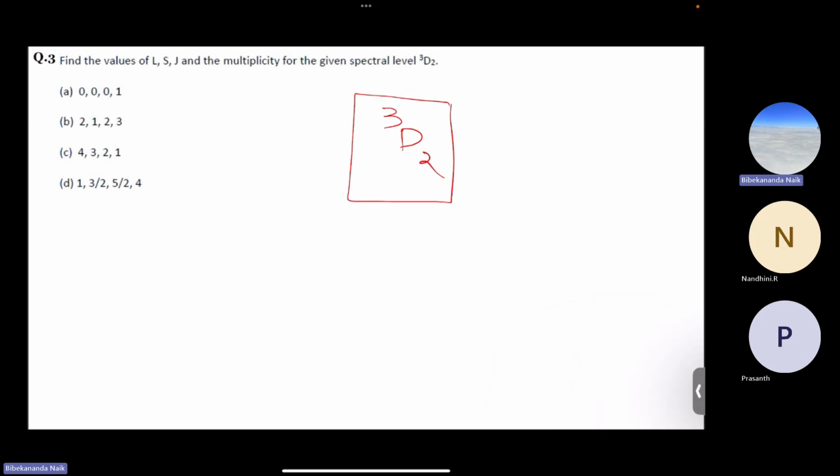Yes, so the question says find the values of L, S, J and the multiplicity for the given spectral level 3D2.